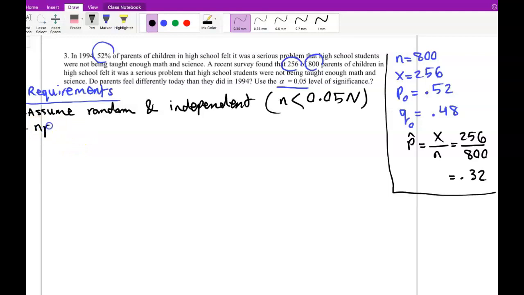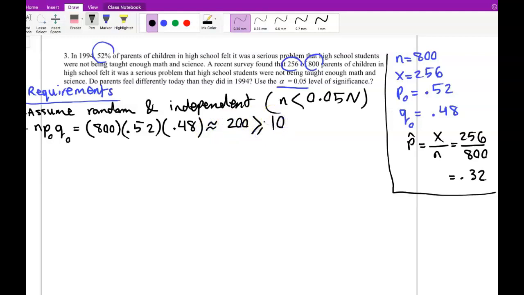And also n times p times q should be greater than or equal to 10. n is 800, p is 52%, q is 48%. Okay, this one is 200, which is greater than or equal to 10. So that is correct.